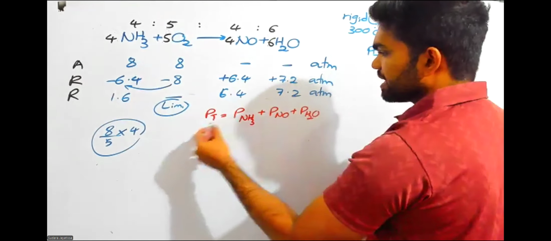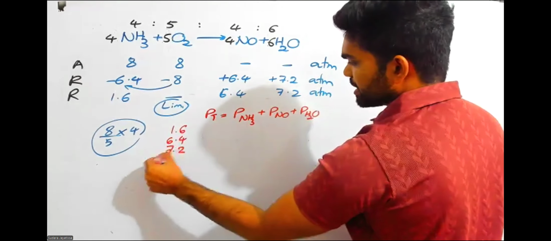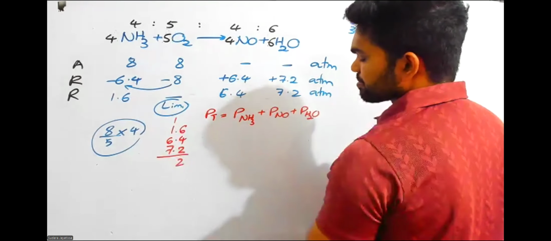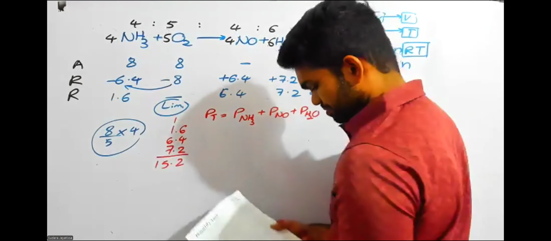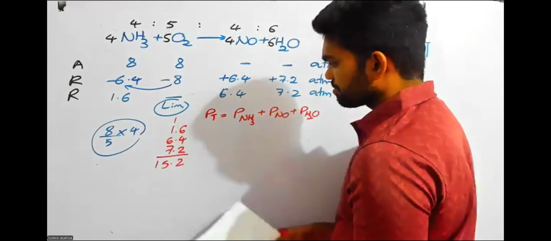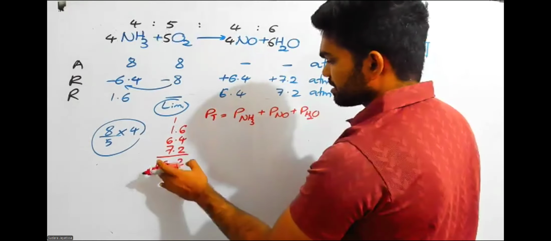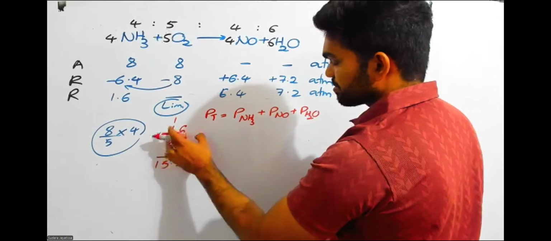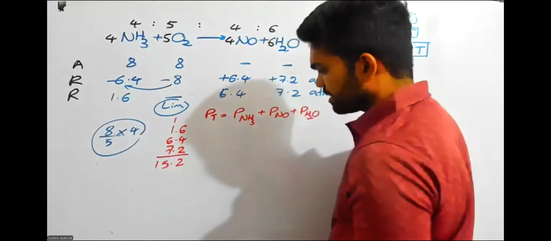You can simply add 1.6, 6.4, 7.2. Okay, so 15.2.